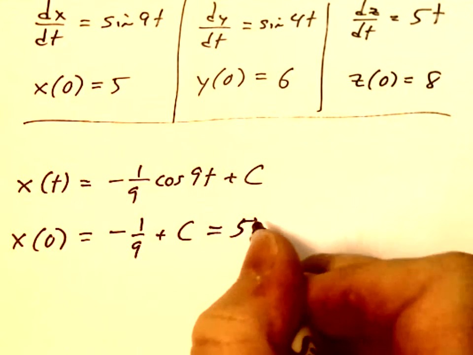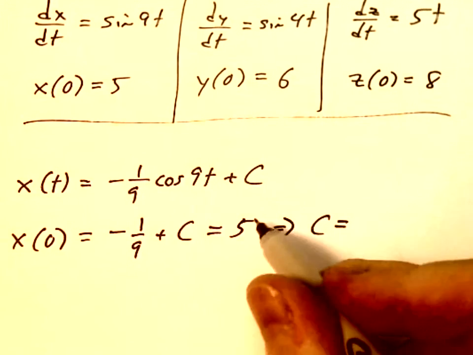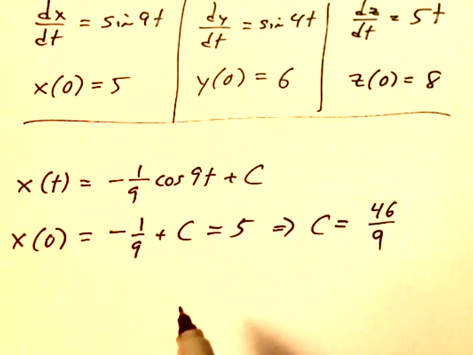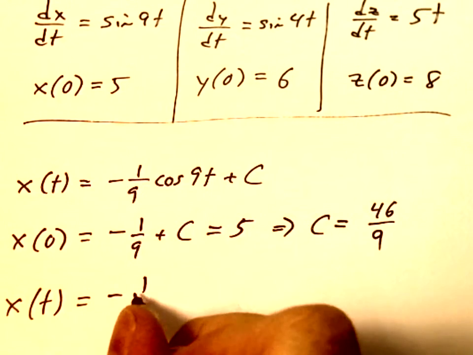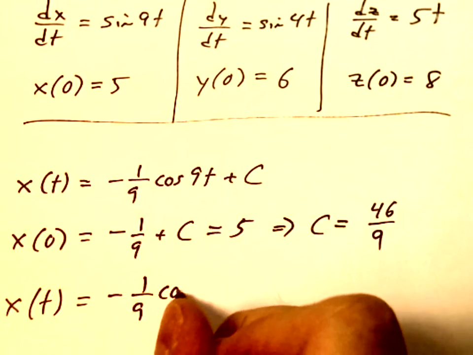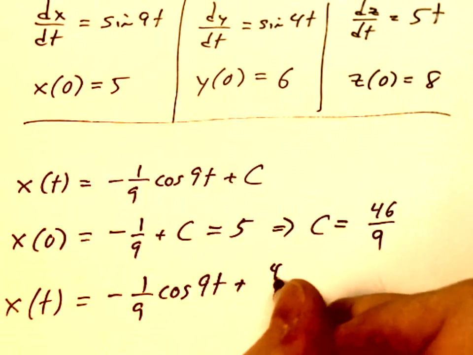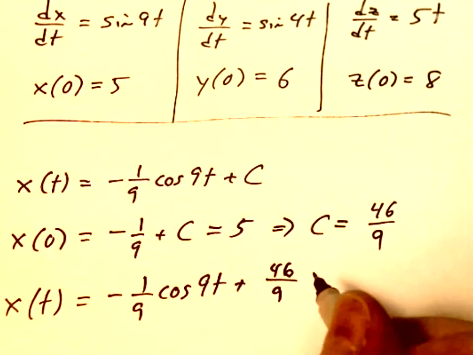We want this to be 5. So that means that c is going to be 5 plus a ninth, or 46 over 9. So my x of t is negative 1/9 cosine 9t plus 46 over 9.